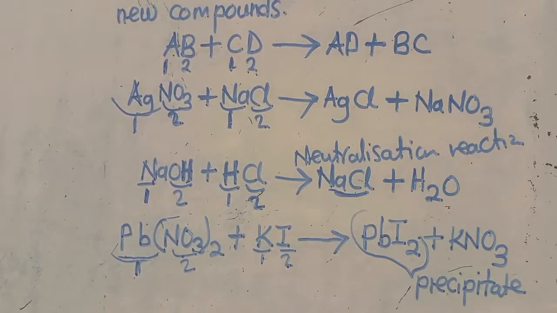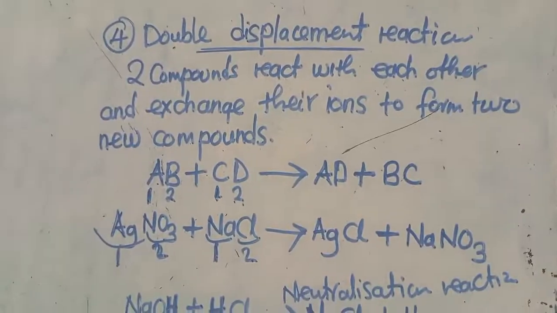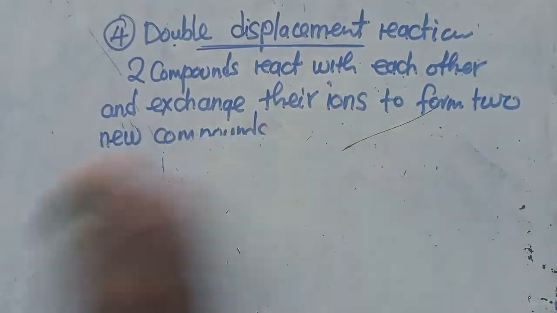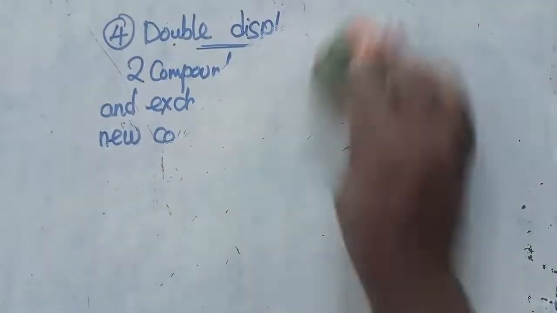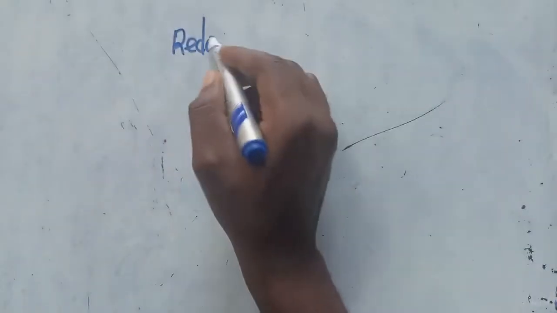Let us now look at the last type of reaction, then we are done for today. I guess you are able to write down everything that I'm explaining. I'm putting an emphasis: I'm not balancing this because I just want us to get the concept. I'm not balancing them so that you may understand.